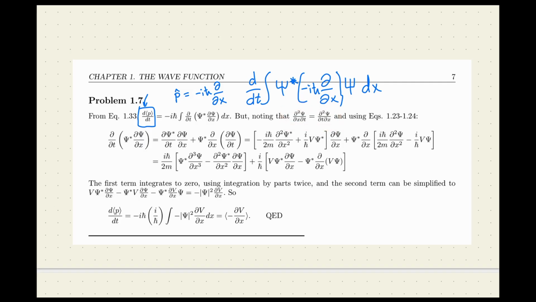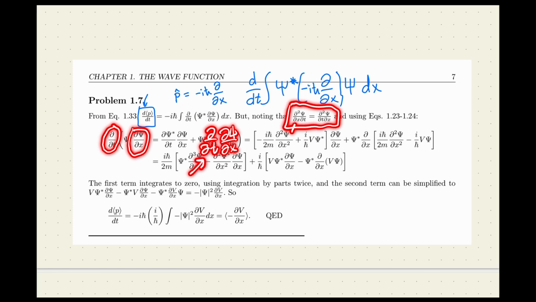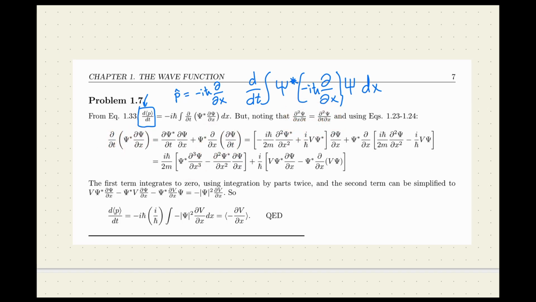So before you had partial psi, partial x, and if you apply the time derivative, it's going to be partial t, right? That's this derivative being applied to this thing over here. But what they're saying is, using this principle over here, you can interchange the x and the t derivatives. So first is the x, then the t, then you can switch it to the t, then the x. So that's what they do here.